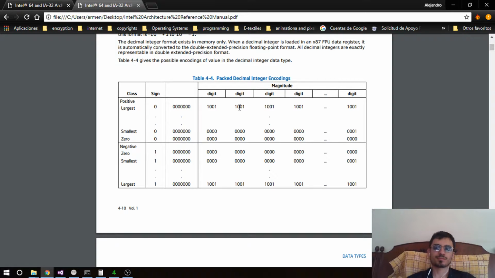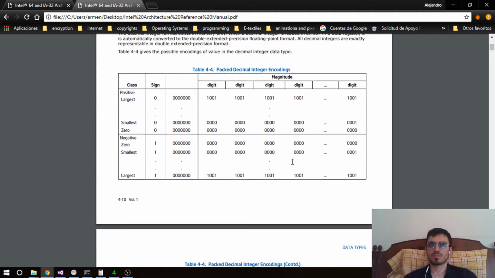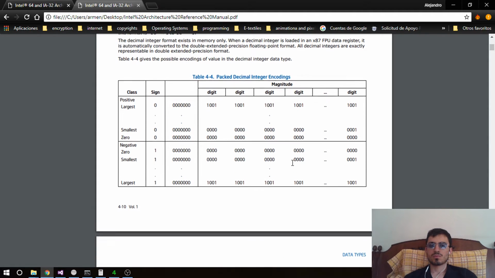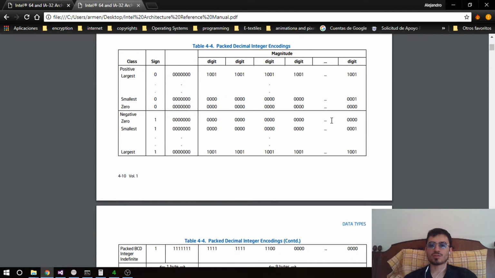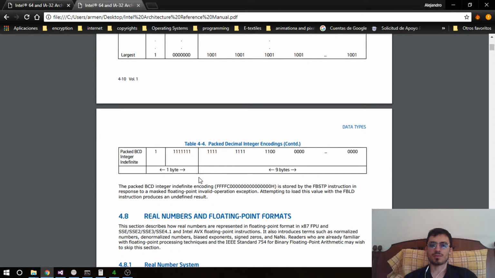Is there a reason? And it's something reasonable because the smallest is the 1 and just the least significant one, and if you think about it, this is the most significant digit, and it goes the same. And for negatives it's just the same.